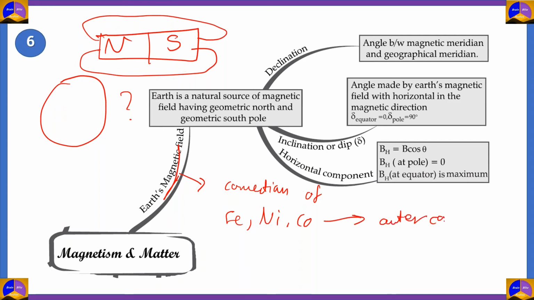So they move about in the outer core, and that movement creates the Earth's magnetic field, which also has a very important function in order to protect us from ultraviolet rays and other radiation coming from the sun. So the Earth also has a magnetic north and a magnetic south.